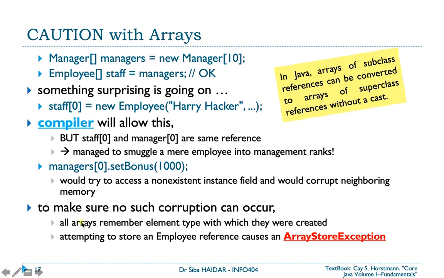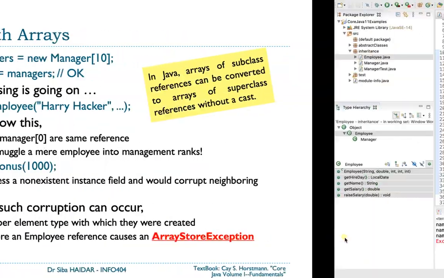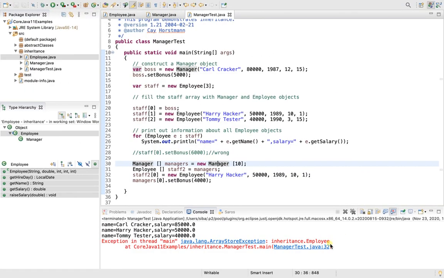So attempting to store an employee reference causes an array store exception. From where did this exception come? Did I cause this exception at line 33 or at line 32? Look with me, it's from line 32.